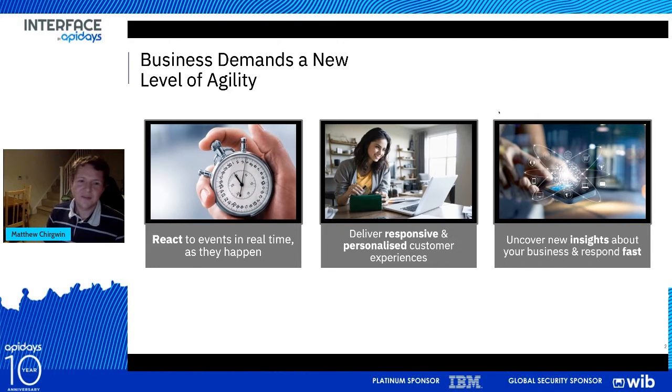There's a real desire to be able to react to events in real time, to build a history and a rapport with end users and provide them a really personalized and responsive customer experience. And as I say, potentially even leverage some of your existing systems with an event backbone to, for example, enable use cases like machine learning to perhaps identify things you wouldn't have spotted otherwise.